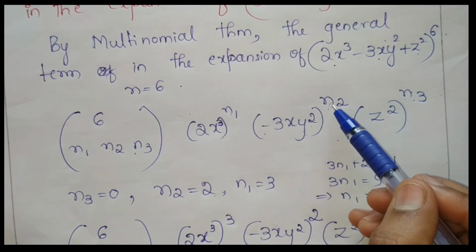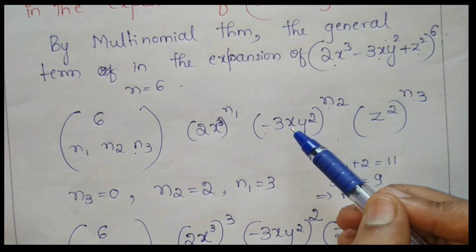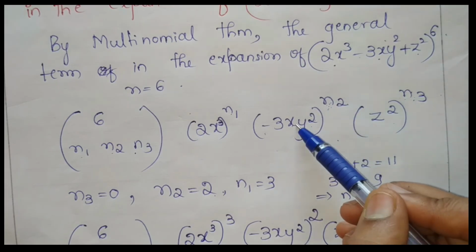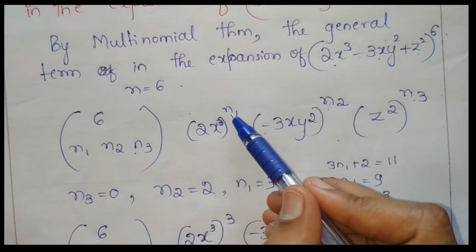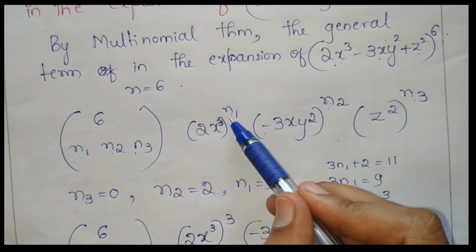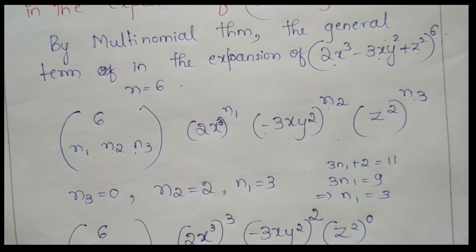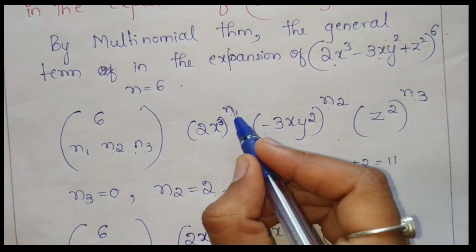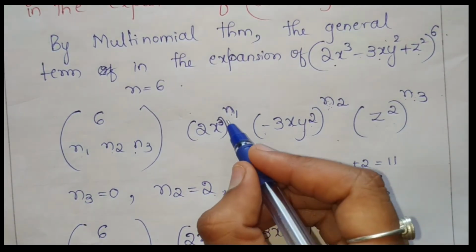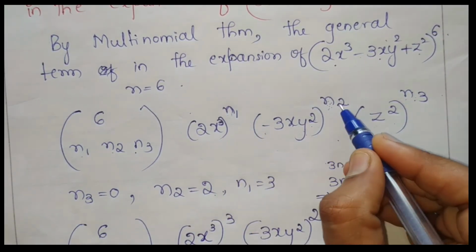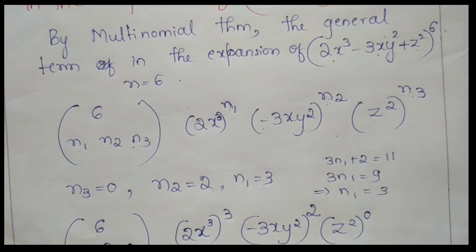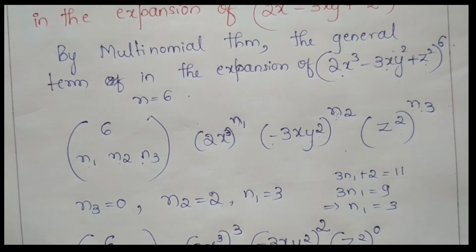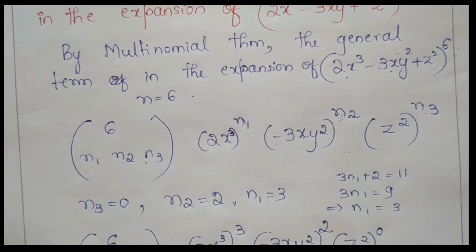Already, if I put n2 as 2 here, I will get x square. So one x square is here. So here I have to choose n1, so that when I add the powers I get a total of x raised to 11. Okay. Therefore I have taken n1 as 3. So 3 3s are 9. 9 plus 2 will be what? 11. Okay.